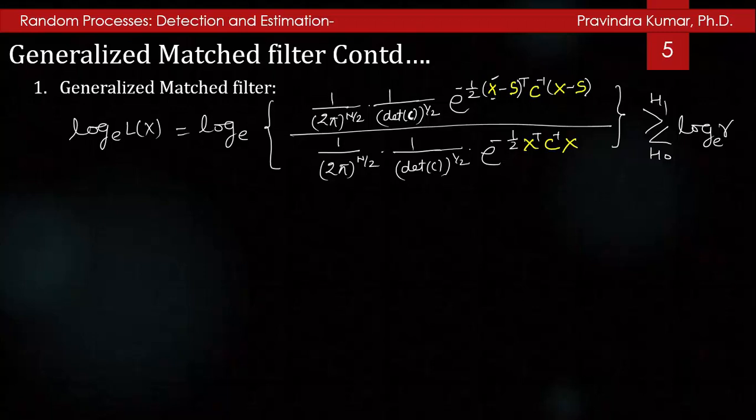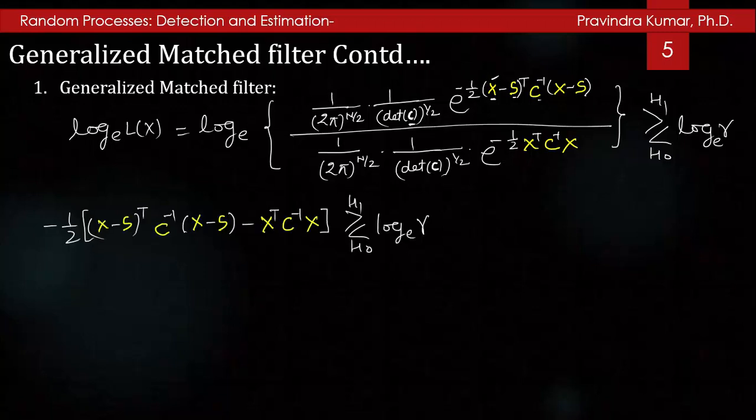Here x, s, C are in matrix form. Divided by the H0 PDF, 1 by (2 pi) to the power n by 2 into 1 by square root of the determinant of C into e to the power minus 1 by 2 x transpose C inverse x. This log likelihood function is greater or less than log gamma.